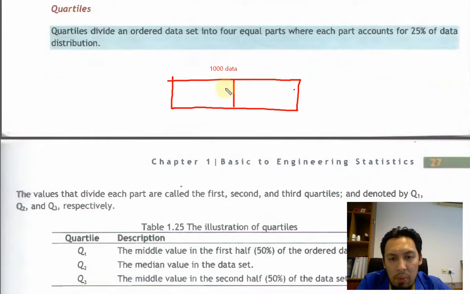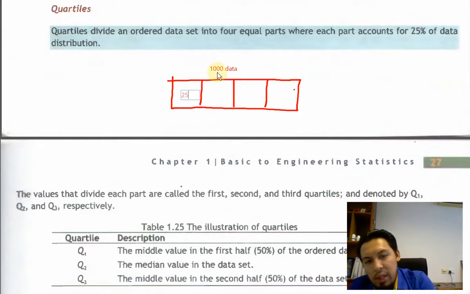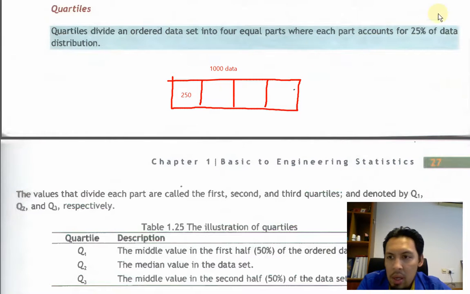Then from this middle point, we're going to divide it equally for the first one, and then you will get 4 equal parts. Each of these will have 25%, which is equal to 250 data each, right? You have 250 here, another 250 here, 250 here and 250 here.